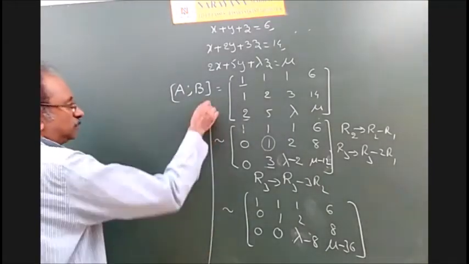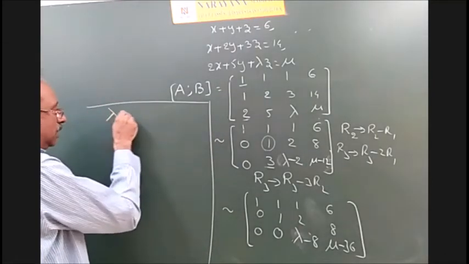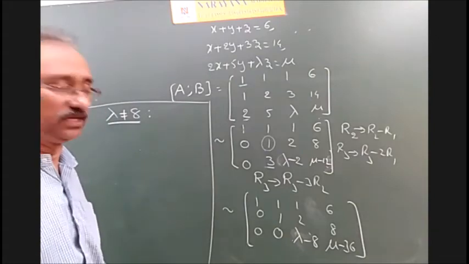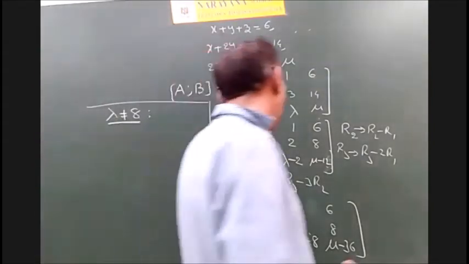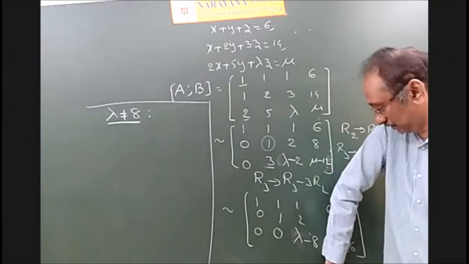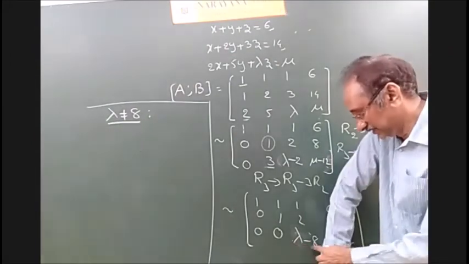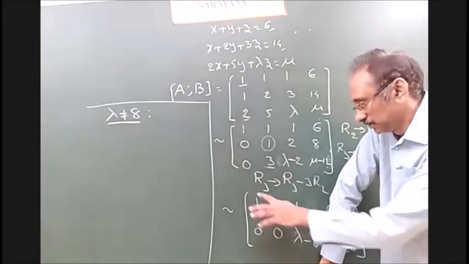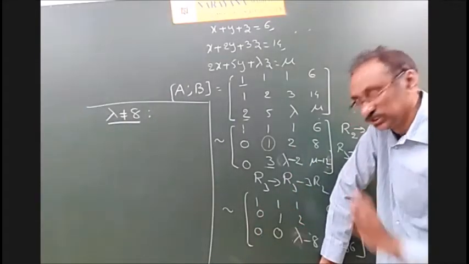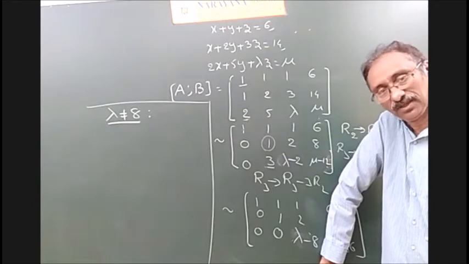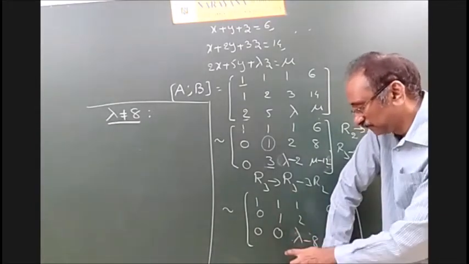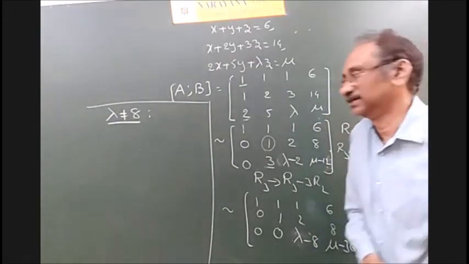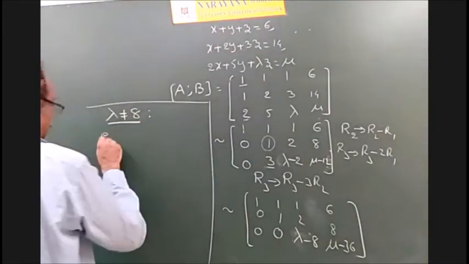Suppose I am saying lambda not equal to 8. My side heading is lambda not equal to 8. Then what you conclude? Tell me. If lambda not equal to 8, this is not equal to 0. So this is already in echelon form. This is in echelon form. Okay. And therefore, number of non-zero rows will be 3 because it is a non-zero element. So rank of A is equal to 3.